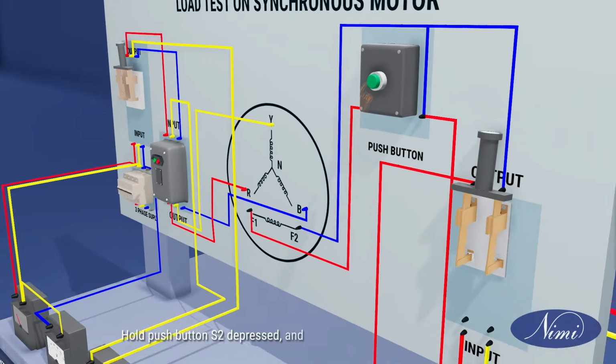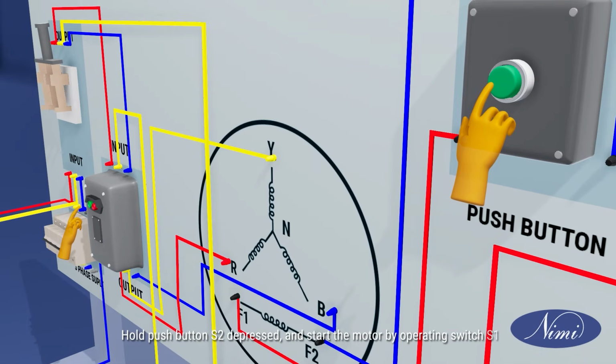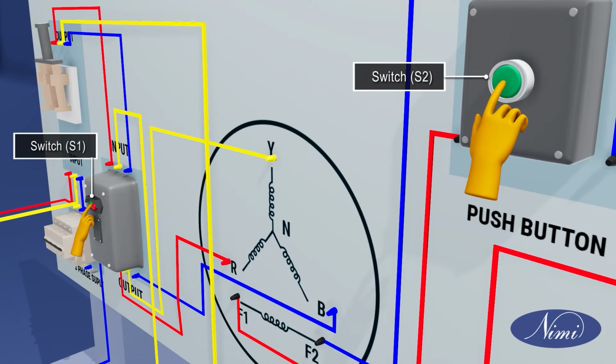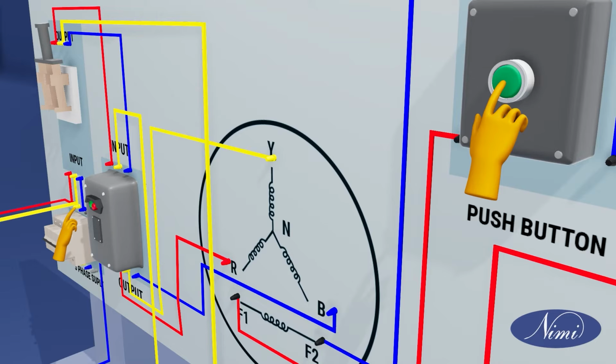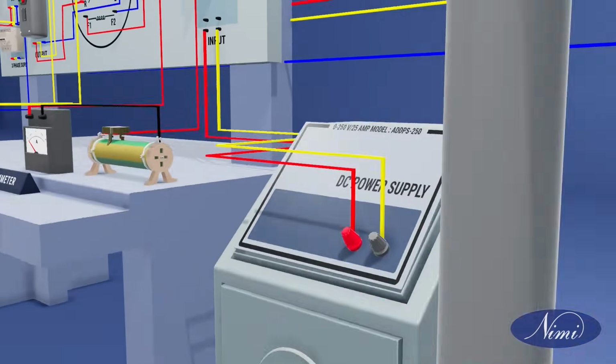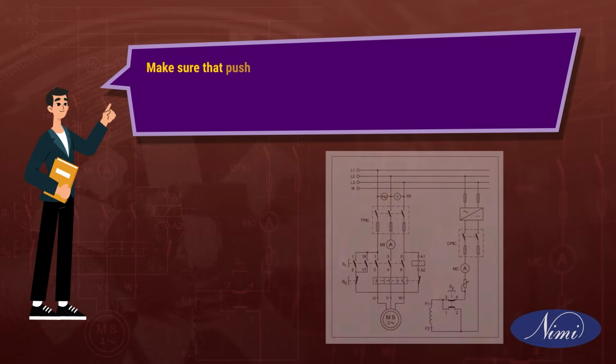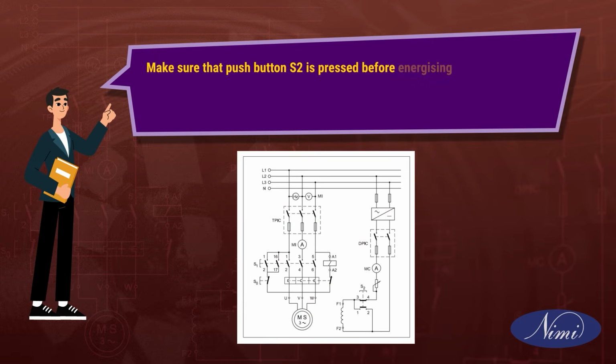Hold push button S2 depressed and start the motor by operating switch S1. Make sure that push button S2 is pressed before energizing the motor at the time of starting.